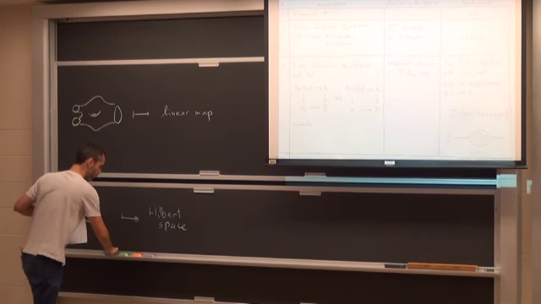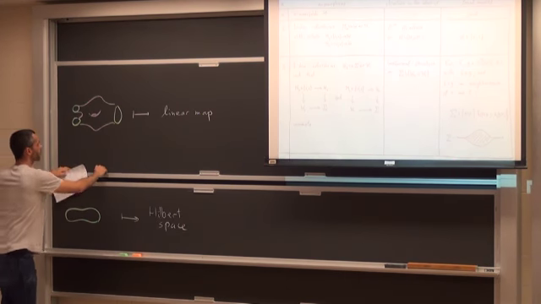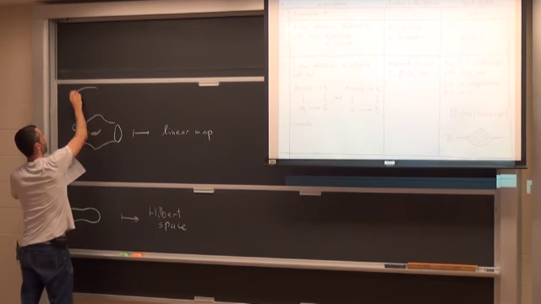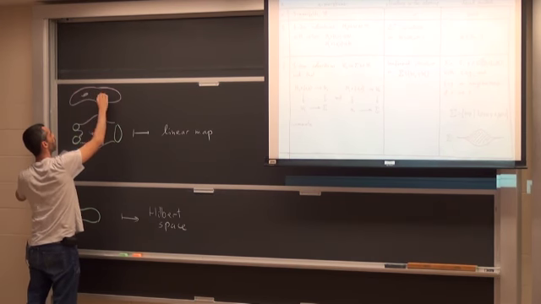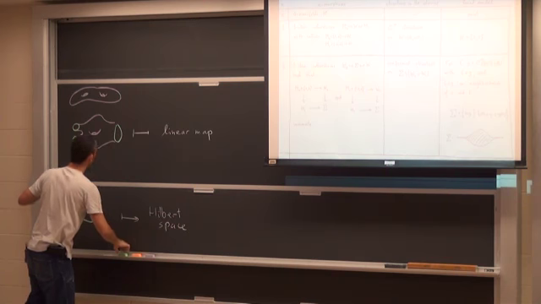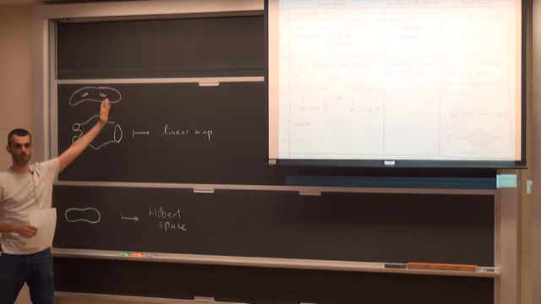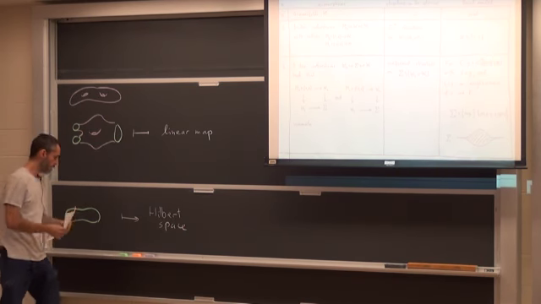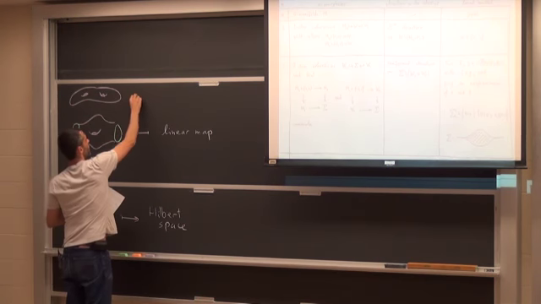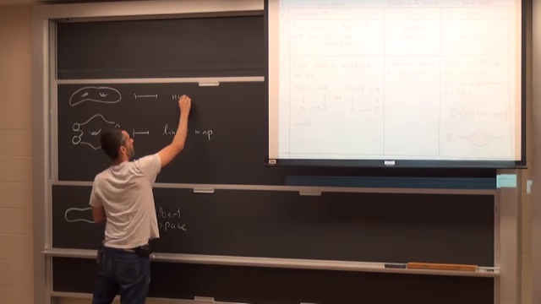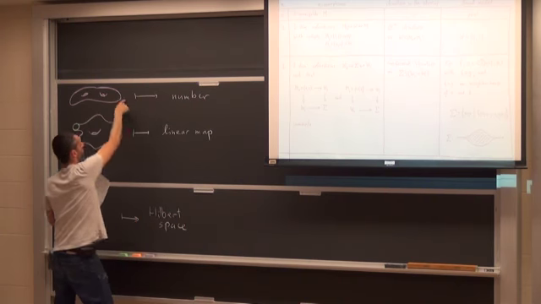There's a special case which is worthwhile mentioning, which is if the cobordism is actually a closed manifold, then we get a linear map between C and C, between the complex numbers and the complex numbers, and a linear map between C and C, that's just a number. So this is a special case of that.